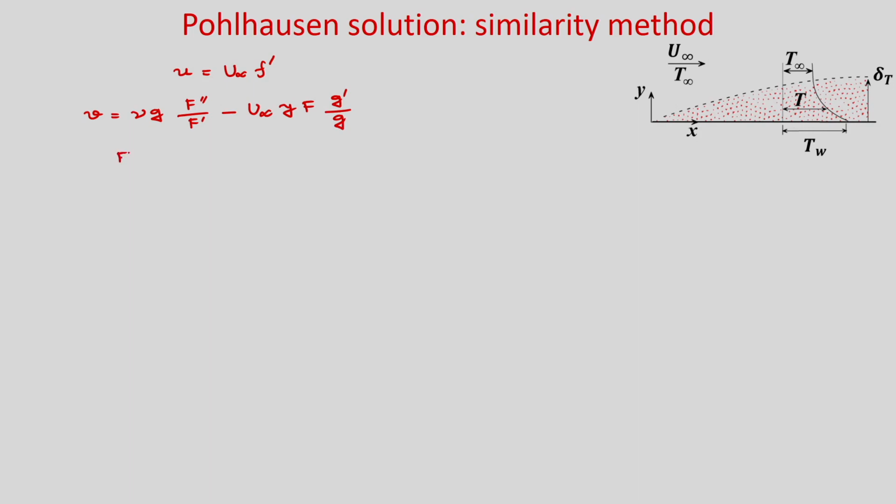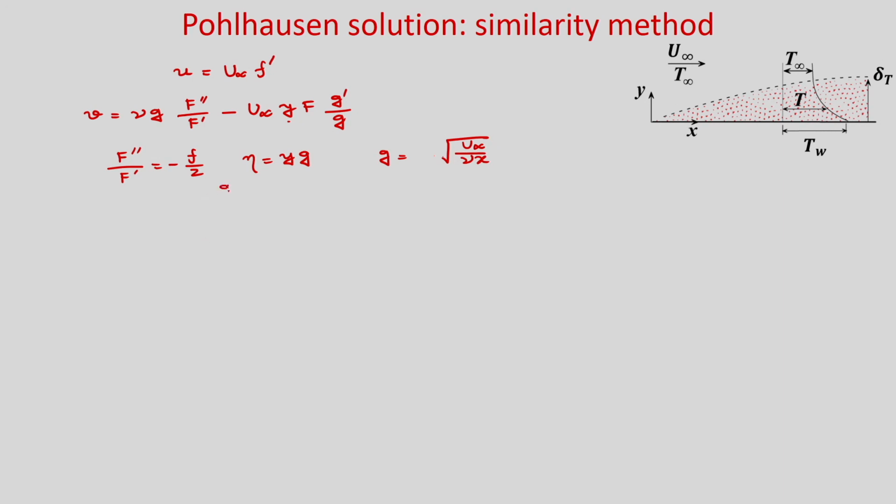And after separation of variables, we have written F double prime by F prime is equal to minus F by 2, okay. Eta already you know, so that we have written y into g. So, here y we can write eta by g, and g we have written root of u_infinity by nu x, okay.